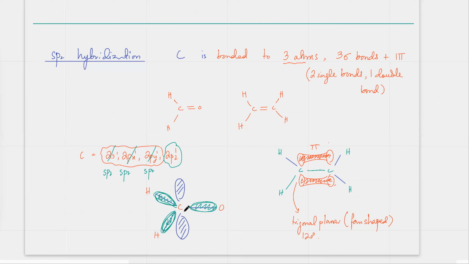What that basically means is that carbon had four electrons. One electron got attracted by this hydrogen, one electron got attracted by this oxygen, one electron got attracted by a hydrogen atom, or over here in ethene.